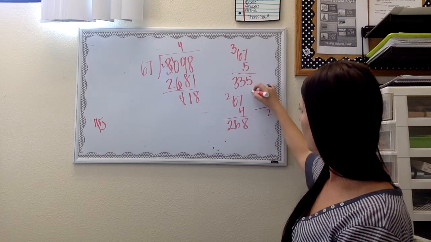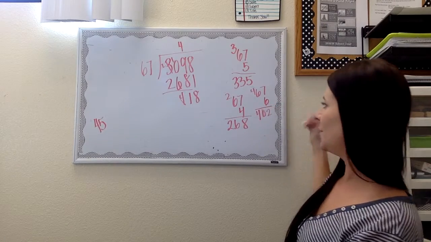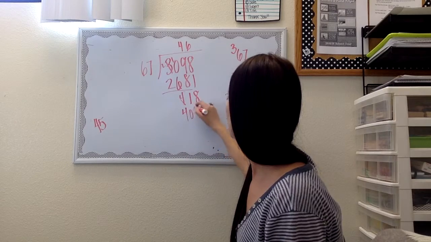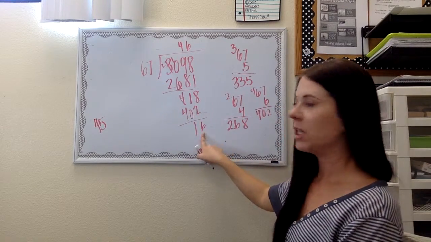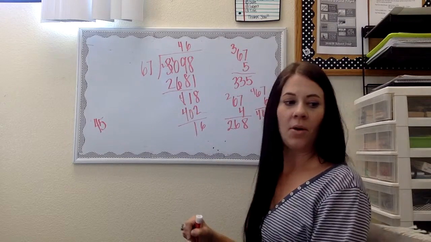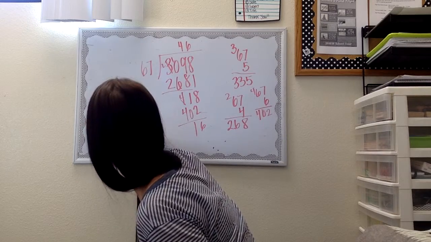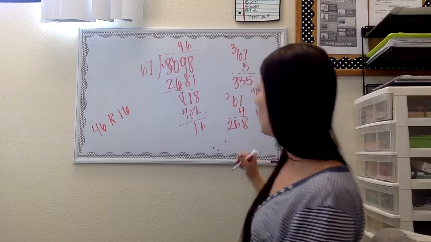So 2, 4, 36, 37. So 402, and see that was still underneath. So 6, 402, and then I subtract. Now I have a number smaller than this, so I know I did it correctly. So you could say 46, remainder 16, or we can keep going.